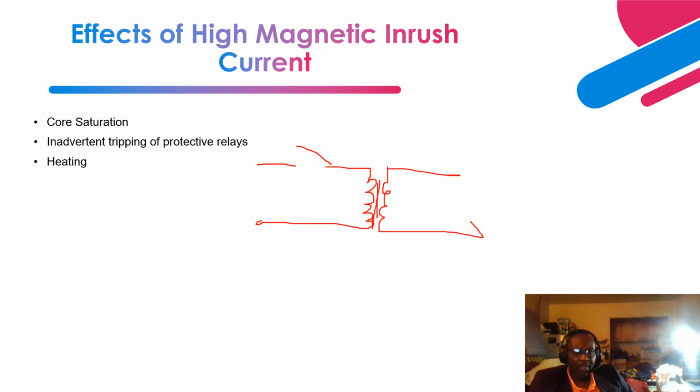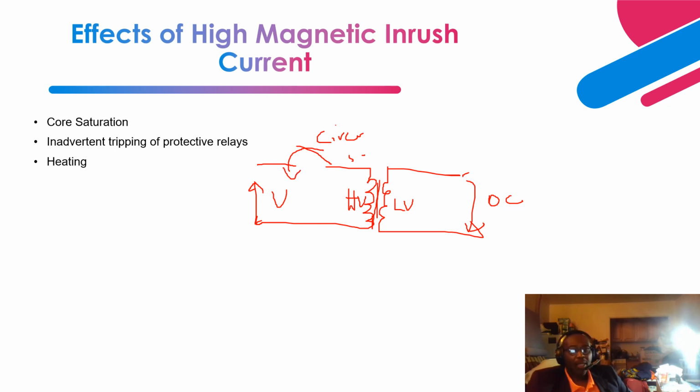We have the high voltage winding here and the low voltage winding, with the low voltage side open circuited. This is your circuit breaker, represented as a switch. We apply a voltage to the high voltage side by energizing this circuit breaker.